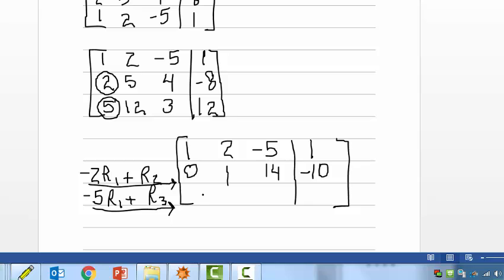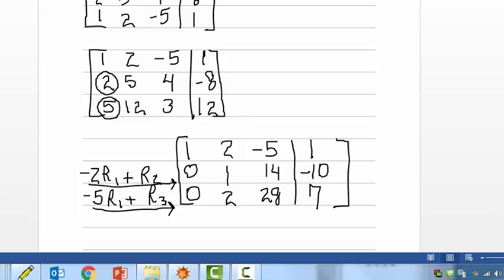It depends on what processes I'll need for my other zeros as I work to get the reduced echelon form of my matrix. So negative 5 times 1 plus 5 is 0. Negative 5 times 2 plus 12 is 2. Negative 5 times negative 5 plus 3 is 28. Negative 5 times 1 plus 12 is 7.